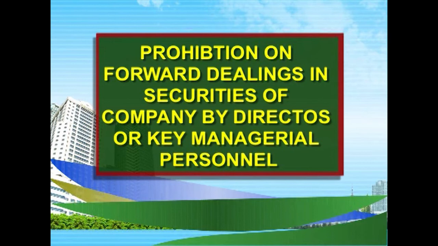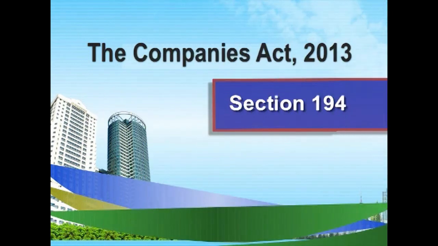Prohibition on forward dealings in securities of company by directors or key managerial personnel. According to Section 194 of the Act, a director of the company or key managerial personnel of the company is prohibited from forward dealings in securities of the company.